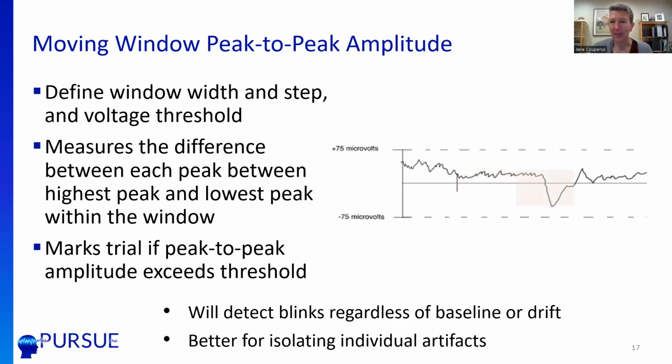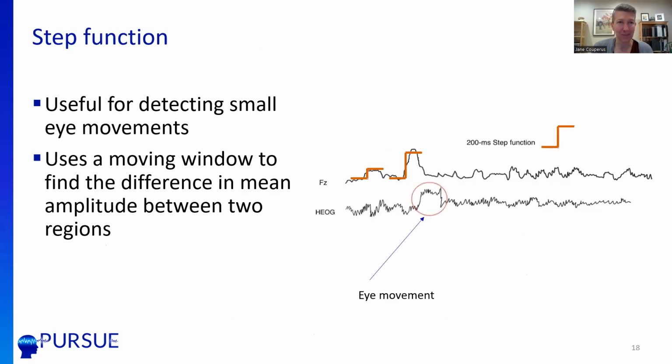And so in this case, it's going to catch a blink right there, and then it's going to move on. So it's going to detect blinks regardless of baseline or drift, and it's better for isolating individual artifacts. In this case, there was a window set for 200 milliseconds with a 75 millivolt threshold, and it's going to catch those blinks that fall within that moving window. So this is a secondary great option for catching those blinks.